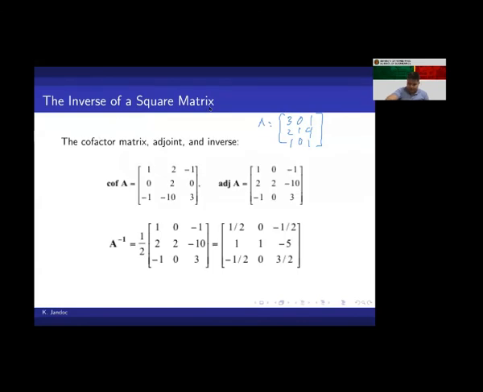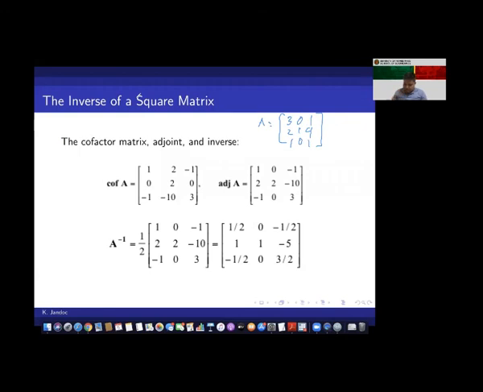How do you check if this is truly the inverse of A? Well, you can multiply A and A inverse, and they should be equal to the identity matrix.